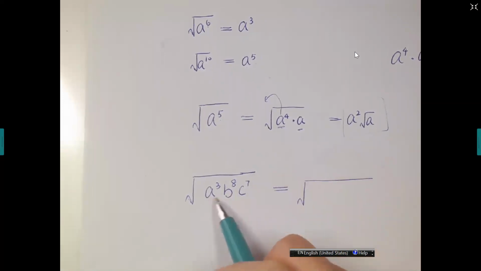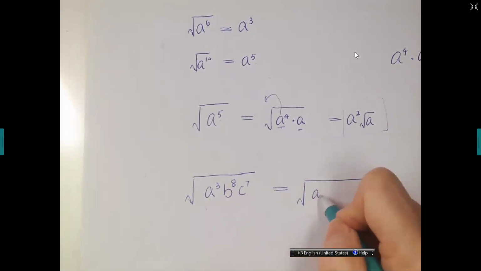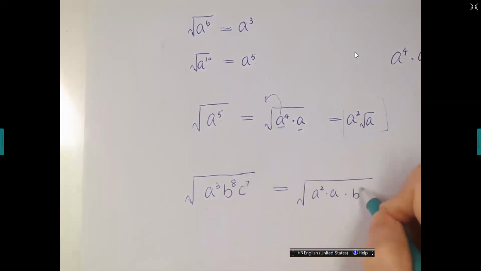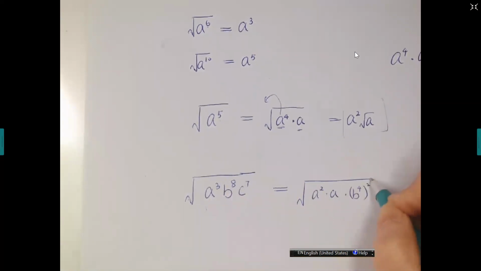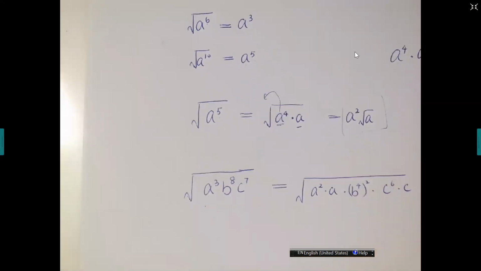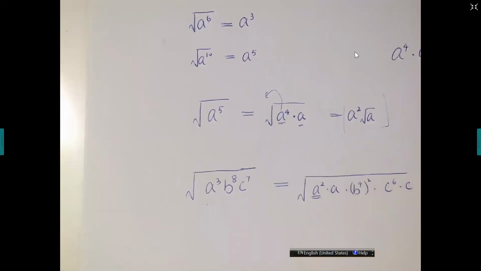Deal with every variable because all of them are factors. So a to the 3rd means a squared times a. B to the 8th means b to the 4th squared. And c to the 7th means c to the 6th times c here. Okay, so I really don't have to write this. You can just keep this b to the 8th. Then let's see what can be moved out. This one can be moved out.